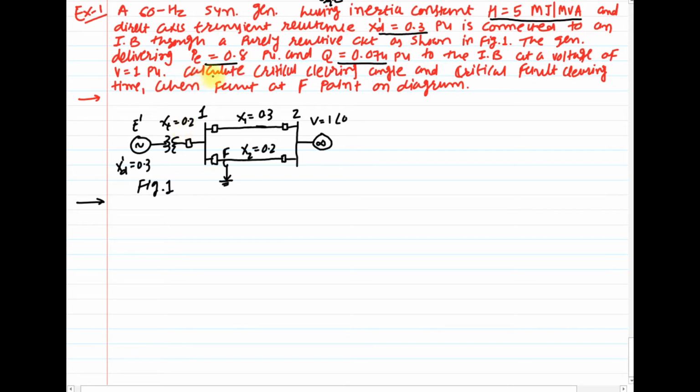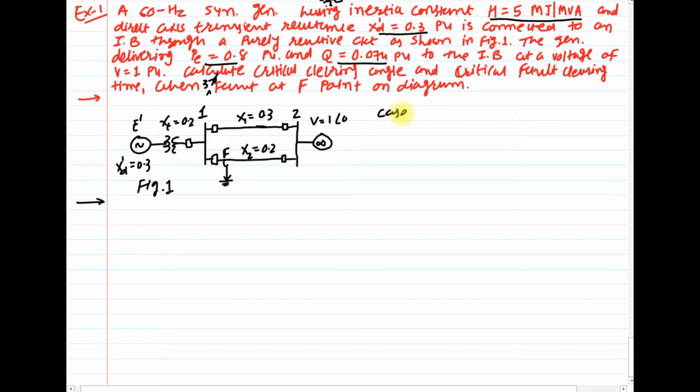So we are asked to calculate the critical clearing angle and critical fault clearing time when a three-phase fault occurs at the point F as shown in the diagram. So here we can consider the case of fault at one end of the transmission line.